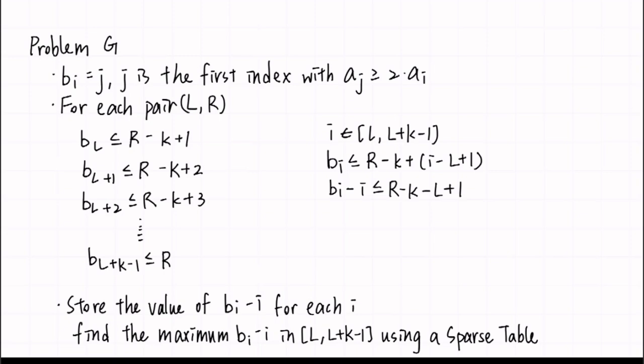If we use a sparse table, we can quickly find the maximum value in this range. After we find the maximum value, we just check if it is smaller than r minus k minus L plus 1 to see if this value of k works. And let's look at the code.